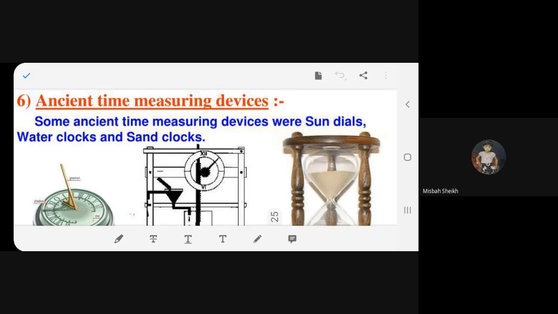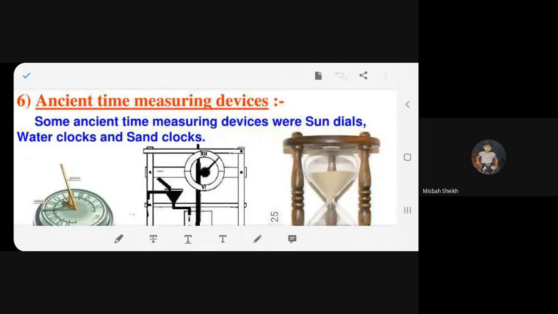Some ancient time measuring devices were sundials, water clocks, and sand clocks. So these were the three very old measuring devices for time.